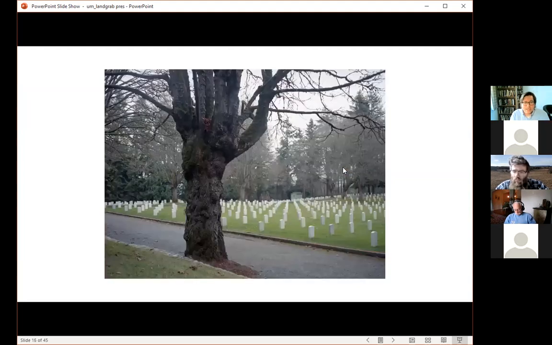Here we are in Seattle at the Fort Lawton Post Cemetery, which had been the lands of the Duwamish and Suquamish, ceded by treaty January 22nd, 1855. It was sold for the benefit of the state of South Carolina, specifically for the benefit of Clemson University and South Carolina State University. It raised about $58 and cost the United States a little less than $4.